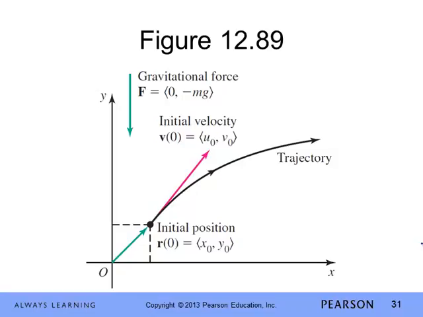And then we can go ahead and integrate again to get r of t. So integrating with respect to t, you have u sub 0 t plus c sub 3, a constant of integration.